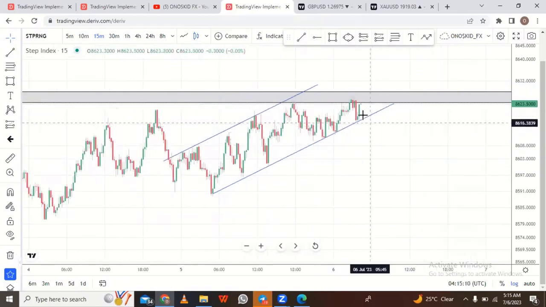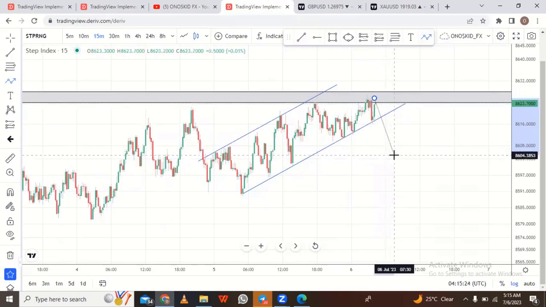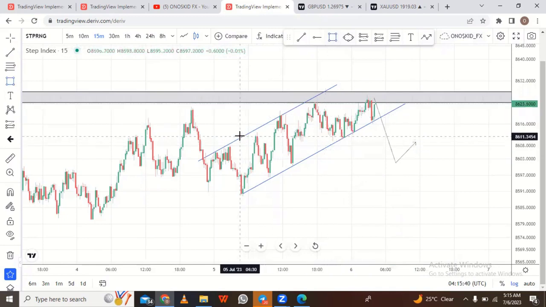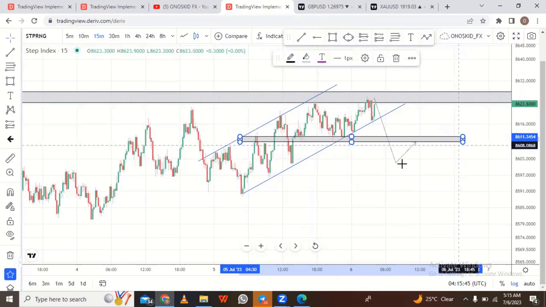Now, there are two ways in which you can enter this market. You can probably enter from here, once you have your candle confirmation, or you can wait for the flag to be broken, because for every breakout of a flag, there is always a corresponding retest that will happen. So I keep saying that there are two entries you can see in the market. There is one that is a conservative entry, and there's one that is an aggressive entry.